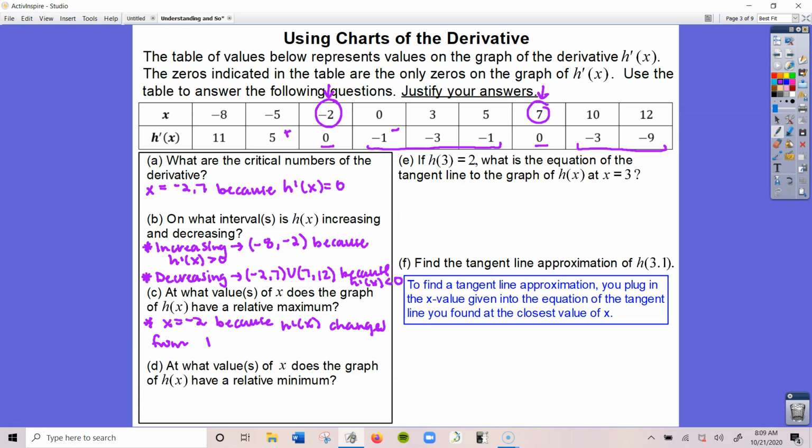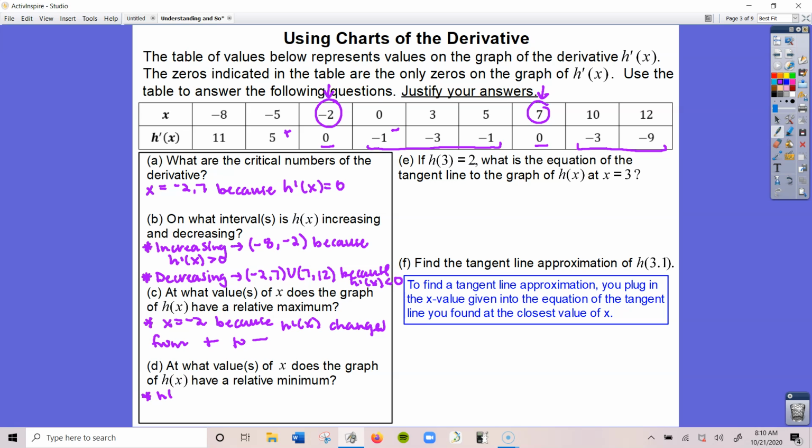from positive to negative. Then finally, at what values of x does the graph of h of x have a relative minimum? The only other critical number is 7. Now to the left of 7 is a negative value, but to the right of 7 it's also a negative value, so it did not change.